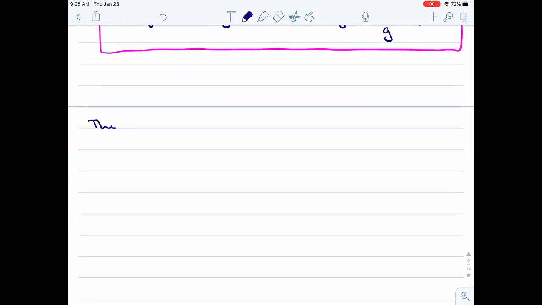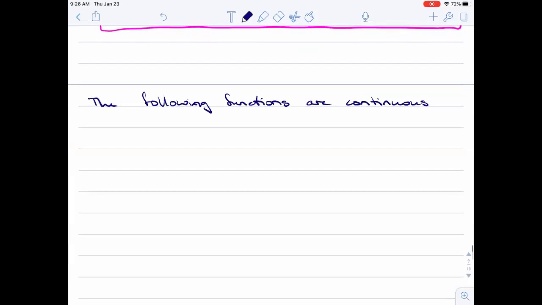And so the following functions are continuous at every number in their domains.